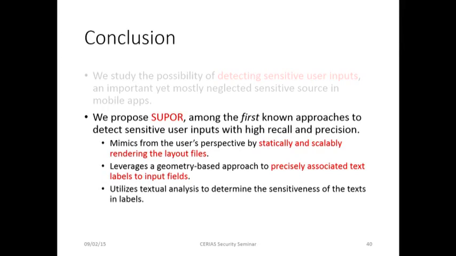SUPOR mimics the user's perspective by statically rendering the layout files to UIs, and it then leverages a geometry-based approach to precisely associate the text labels to input fields. At the end, it utilizes the textual analysis to determine the sensitiveness of the text in the labels.